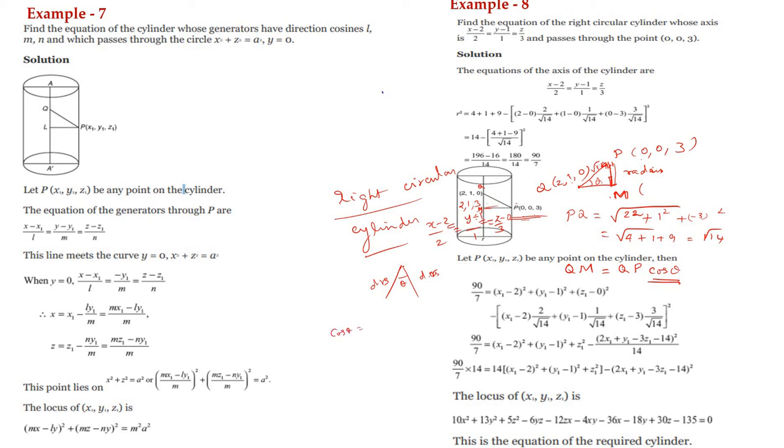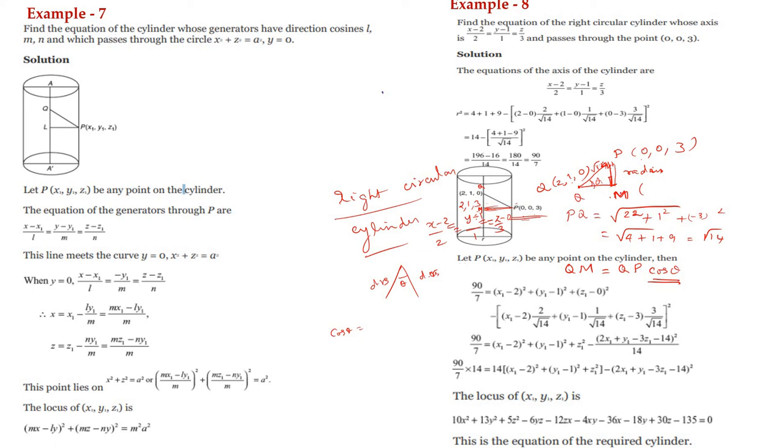We have the line PM and another line, PQ, but we want the angle between QM and QP.